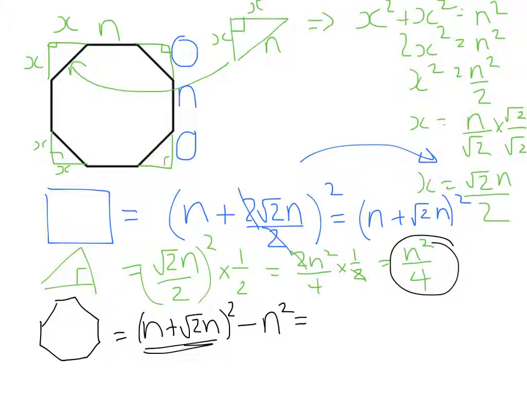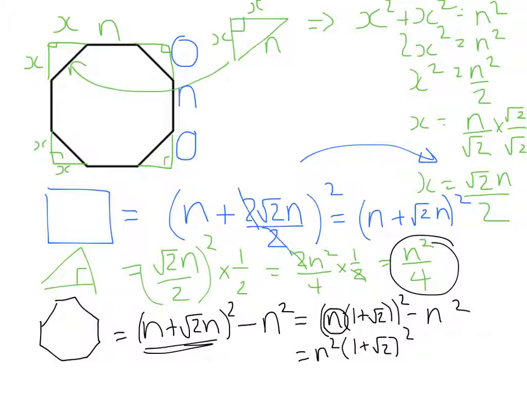So I can take it out as n 1 plus root 2 squared minus n squared. So then I can square this separately and take it outside. So I can say n squared 1 plus root 2 squared minus n squared. Then this we're going to have to take to a new page.